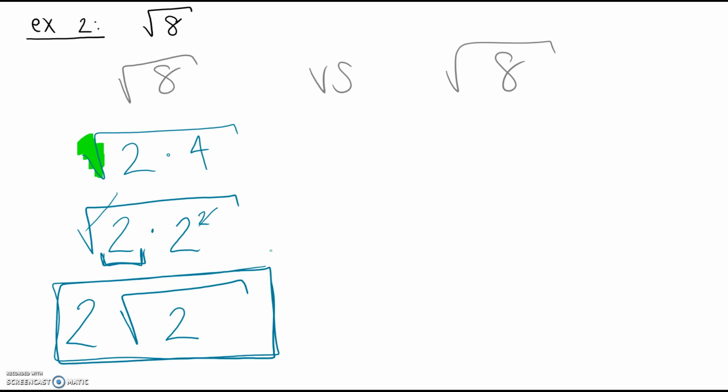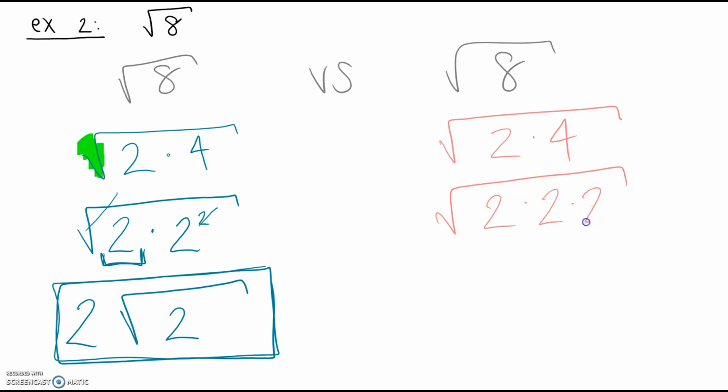If that doesn't make sense, you can try showing your work this way. Here, I'll do a different color. So what times what multiplies to 8? 2 times 4. And then bring down your 2. What multiplies to 4? 2 times 2.